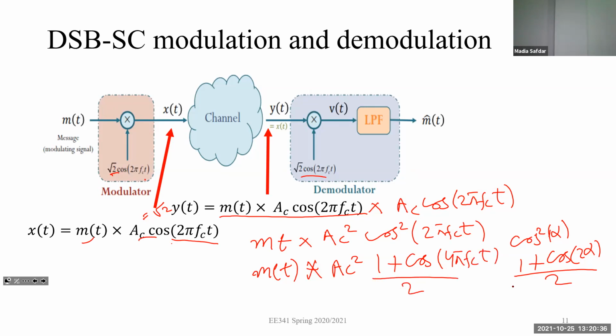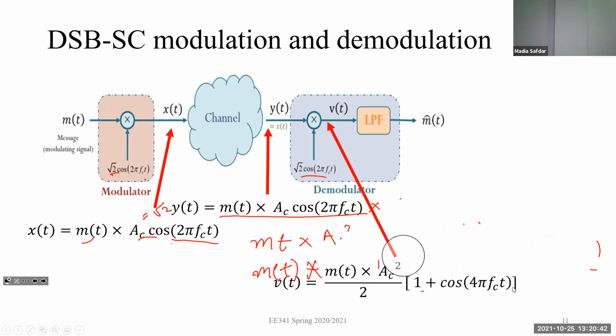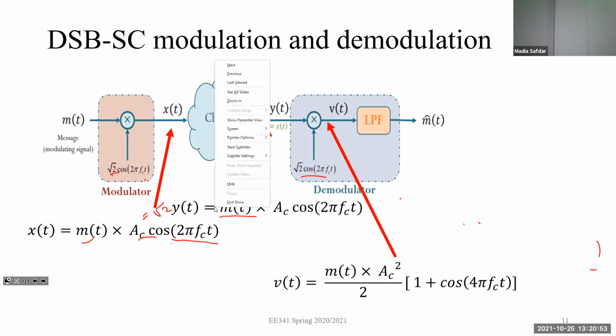So by applying this trigonometric identity, you receive this final output. This is your signal v of t. Here, you had your y of t, then you multiplied it with this.